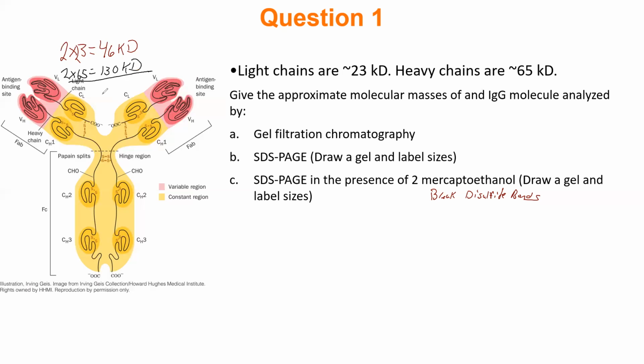So the weight of one antibody is roughly 176 kilodaltons. For gel filtration, if I did a gel filtration experiment, I would expect my antibody to be analyzed at roughly 176 kilodaltons.